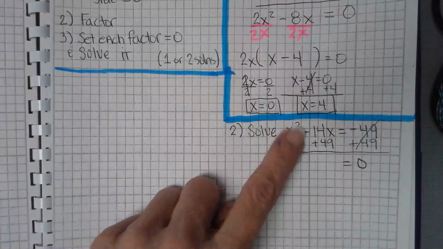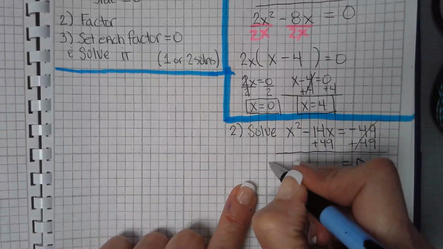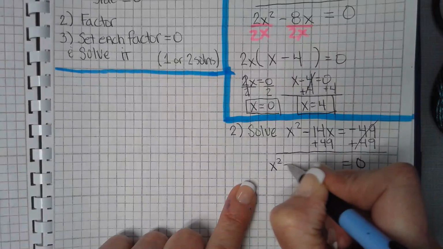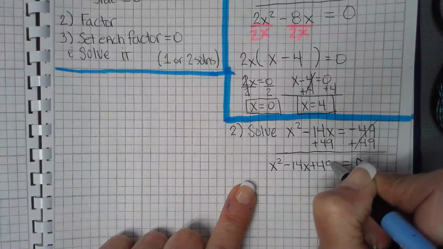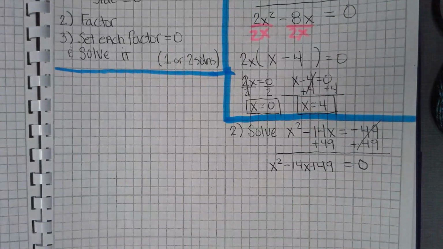I cannot combine any of this, so we're just going to write it. X squared minus 14x plus 49. What's step number 3 tell us to do? Factor it. There's the 3 things we've done. Which one is it?